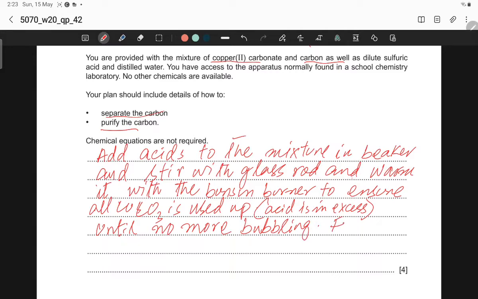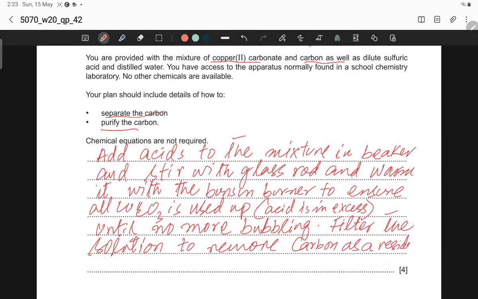Filter the solution to remove carbon as a residue on the filter paper.